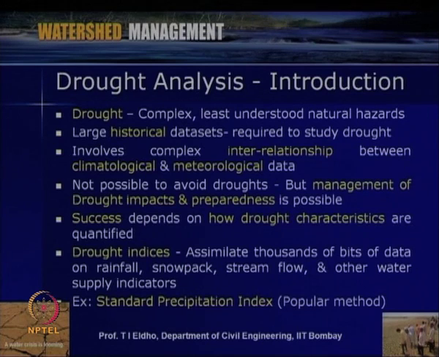One of the very commonly used drought indices for drought analysis is the standardized precipitation index. We will be discussing the details of this methodology later. Depending upon the watershed characteristics and the various meteorological and hydrogeological characteristics, we quantify the possibility and severity of drought in terms of a number.